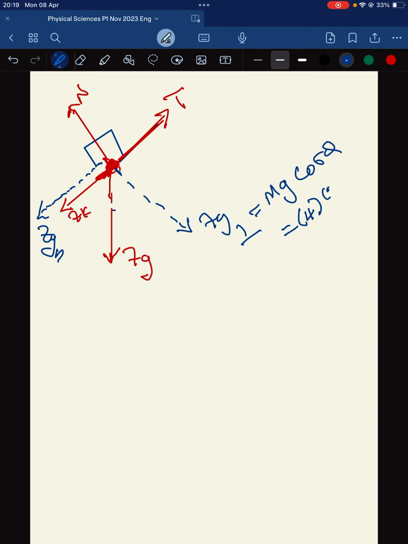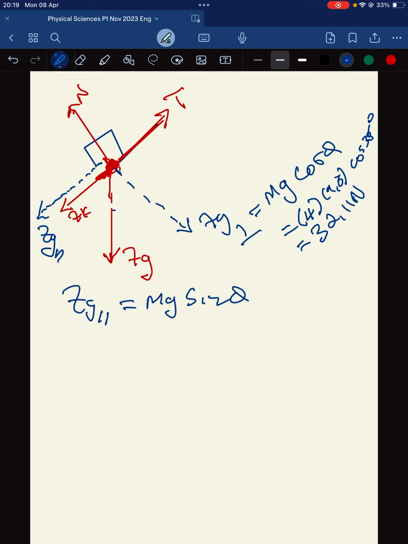It's 4 times 9,8 times the cos of 35 degrees here. And that will give us, so let's see, it's 4 times 9,8 times the cos of 35 degrees. It's 32,11 Newton. That is our FG perpendicular, and our FG parallel, which will be mg, the sine of theta.